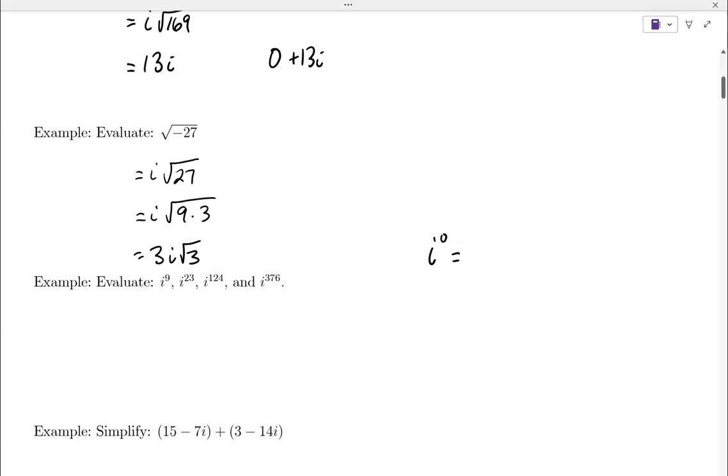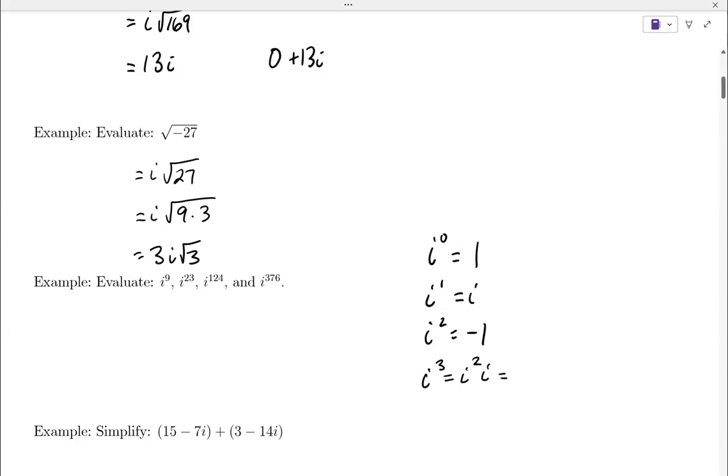Well, certainly anything to the 0 power is what? Anything to the 0 power is 1, right? Yep. Okay. i to the first power would be i. You just told me a second ago that i squared was -1. If I do i cubed, well, I can think of that as the same thing as i squared times i. What is i squared equal to again? -1.